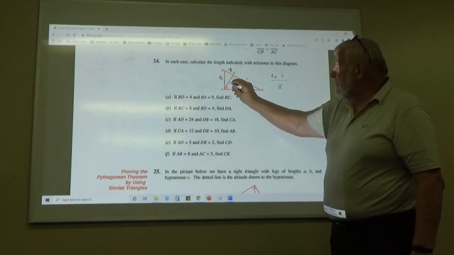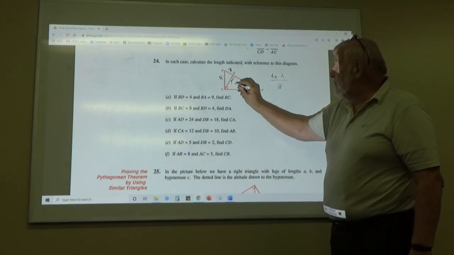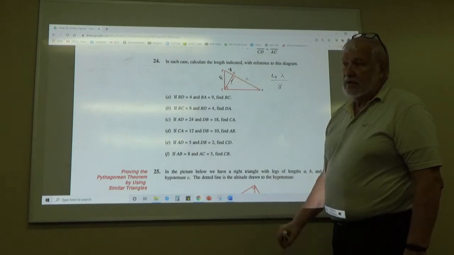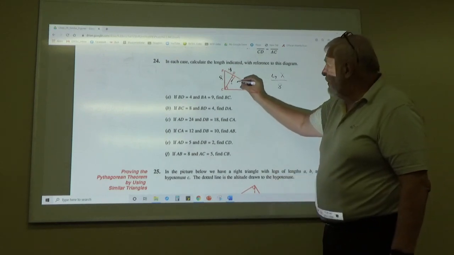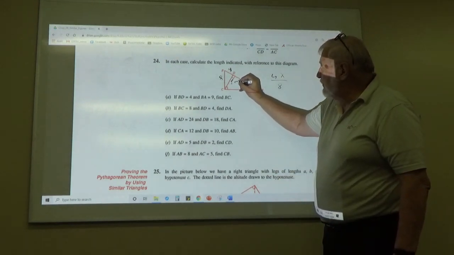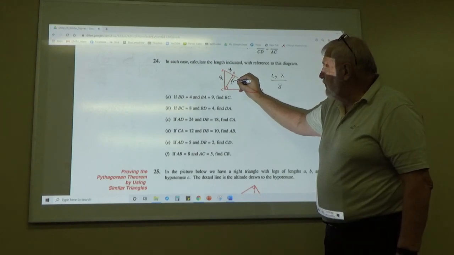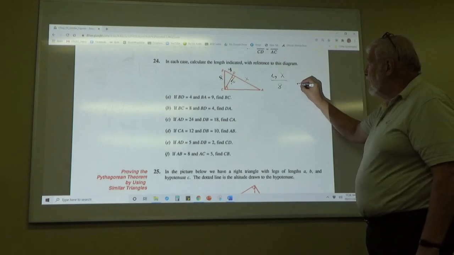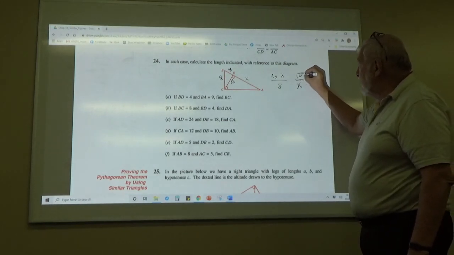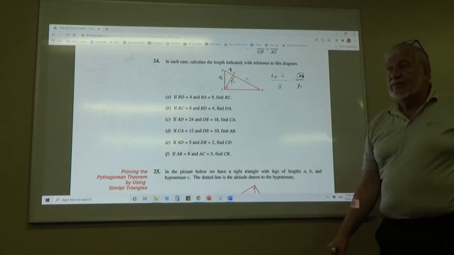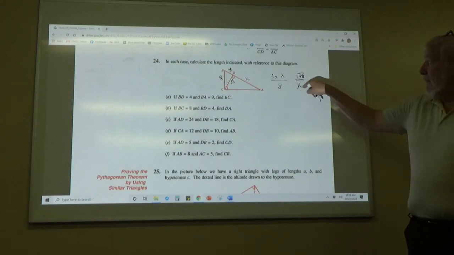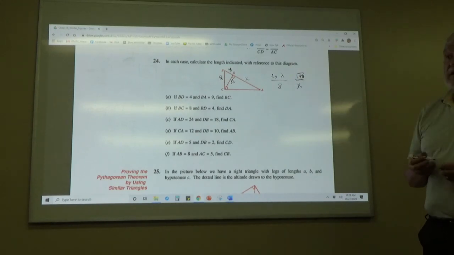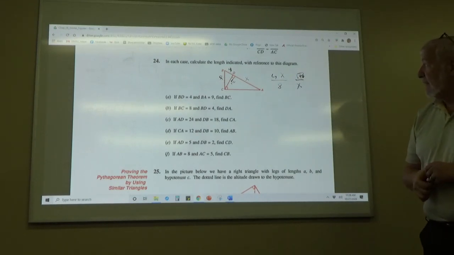Right? It's going to be the square root of 64 minus 16, 56, I think. Whatever it is. 64 minus 16, 46. Square root of 46. And so x is the square root of 46. And then that becomes x squared is those right there, and then you simplify that.